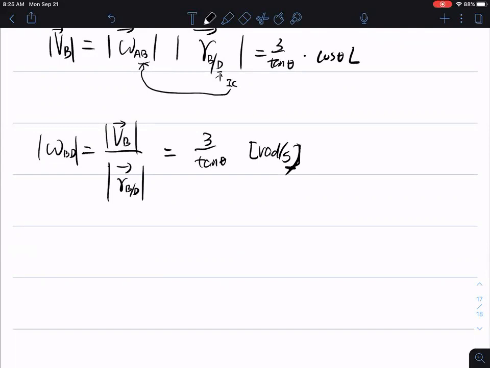So there are two different rigid bodies, but at this moment, remember, only at this moment, they share the same instant center and they share the same angular speed. Okay. Any questions on this example? So far we've solved omega AB and omega BD, and we're done with this example.